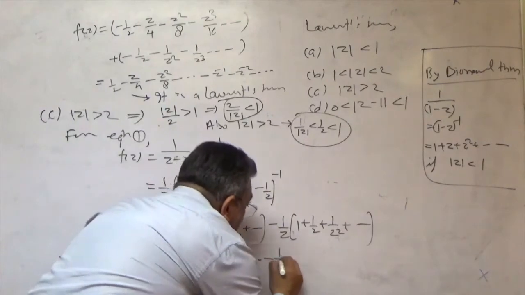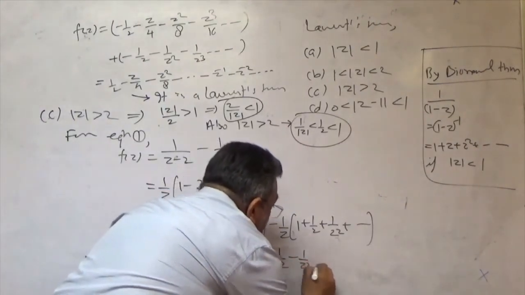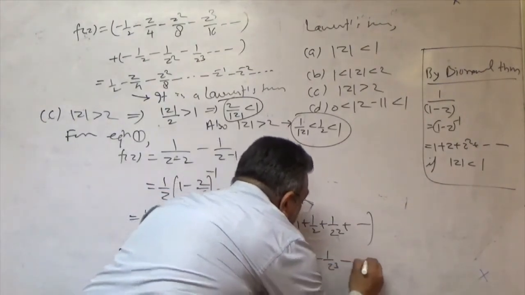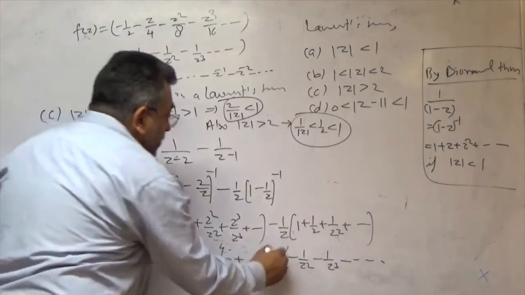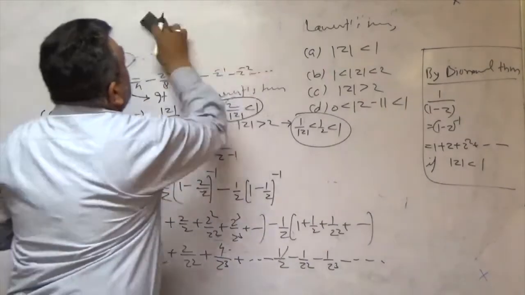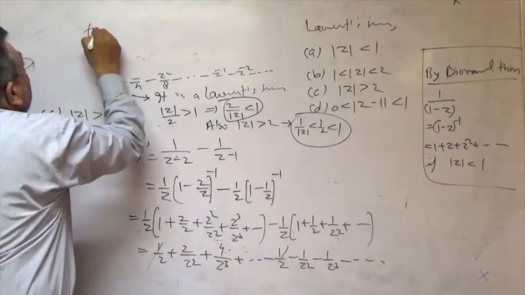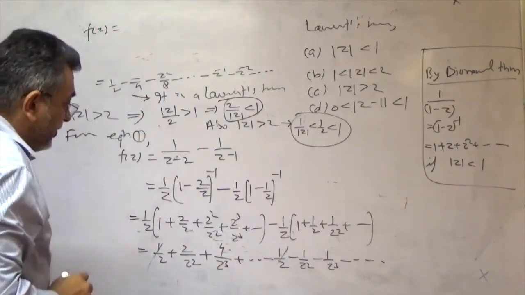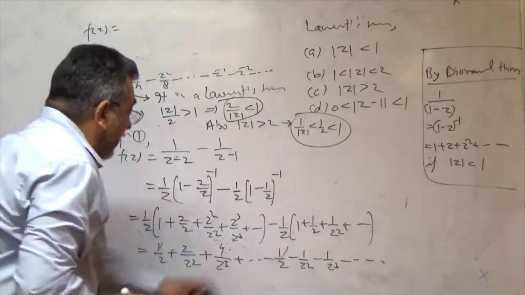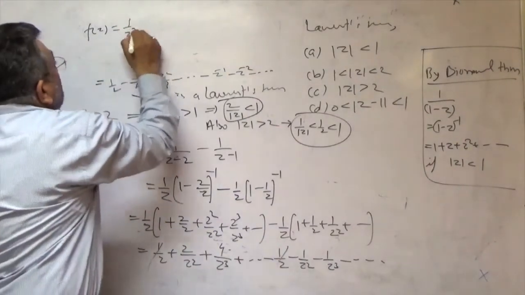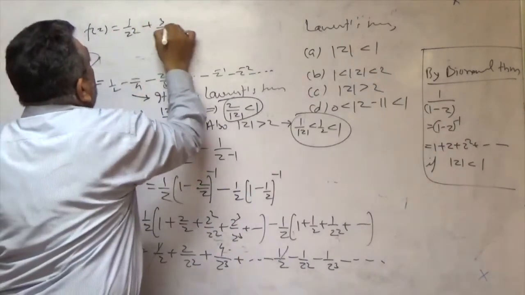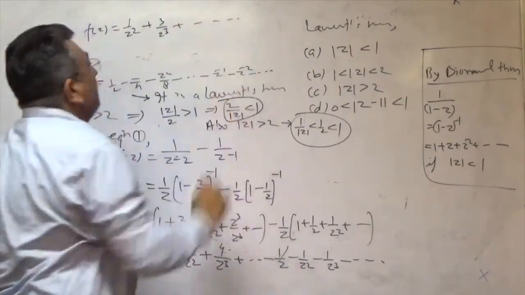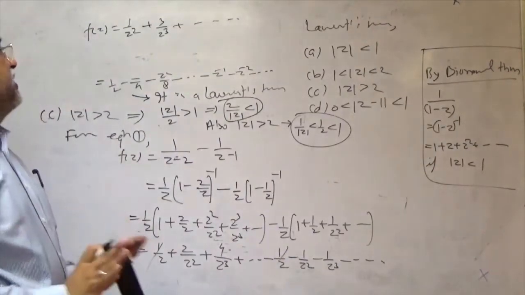Here, minus 1 by z minus 1 by z square minus 1 by z cube, and so on. If you combine, this cancels out, and final expansion is f(z) equal to first term 2 by z square minus 1 by z square means 1 by z square, 4 by z cube minus 1 by z cube means 3 by z cube, and so on. This is your final expansion.